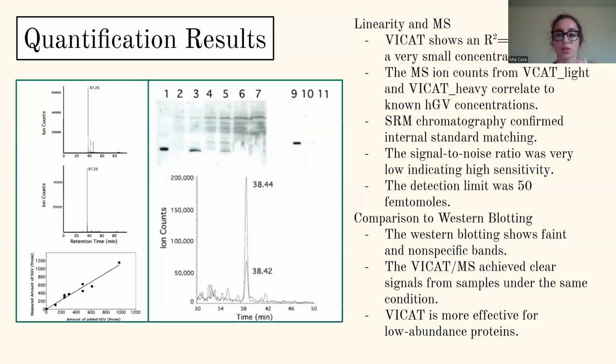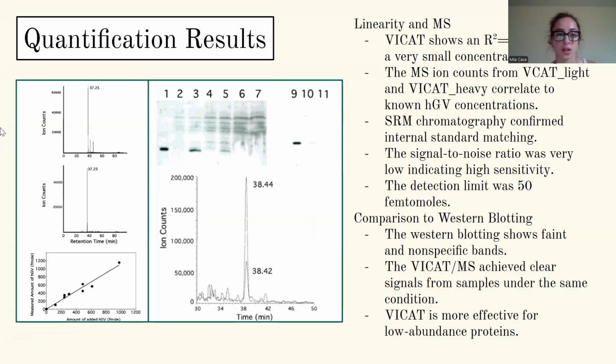And so for the quantitative results and the Western blot comparison, the VICAT method demonstrated strong analytical performance when the HGV was spiked into the SF9 lysates at different concentrations. The researchers saw a clear and linear relationship between these two, and that is denoted right here. It had an R value of almost 1, so it had a high correlation coefficient, and the lower limit of quantification was 50 femtomoles, which is very low, and that showcases the sensitivity of this method.